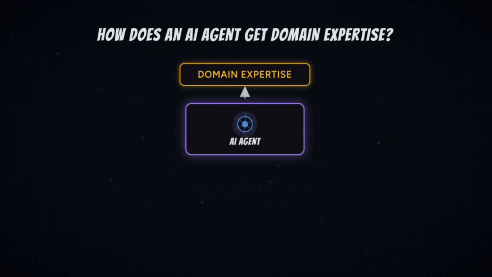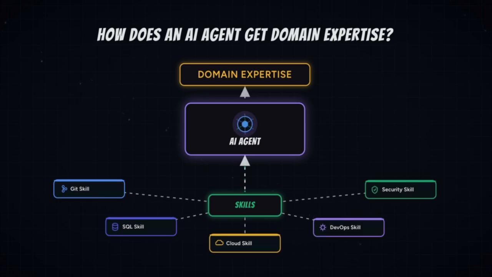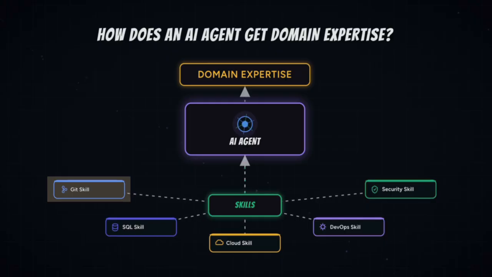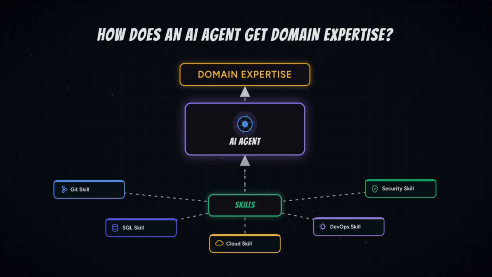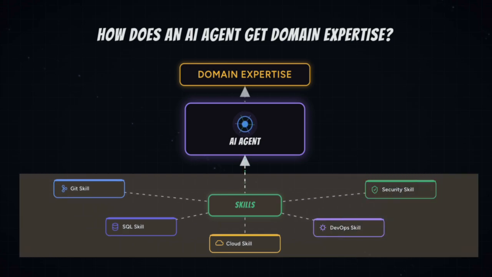The answer to this is skills. Whenever an AI agent wants to perform a task, let's say regarding Git, it takes the Git skill, loads it, and uses that skill to perform the task efficiently. Let's say it wants to do some task regarding SQL. It will take a SQL skill, load it, and then execute the task very, very efficiently. In a similar way, if an AI agent wants to execute a task of some different domain, it will load the skill for that domain and then execute it.